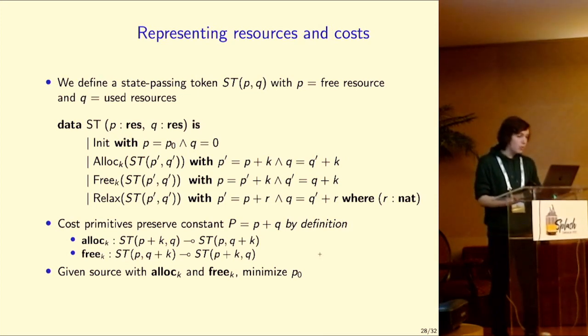And the problem of finding a potential function becomes: given some lambda calculus with alloc and free put in, try to minimize this P0 parameter, which is used in the definition of the token.